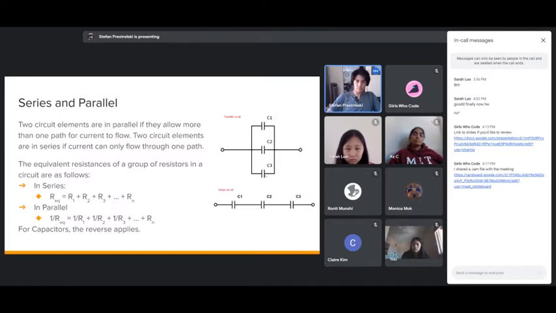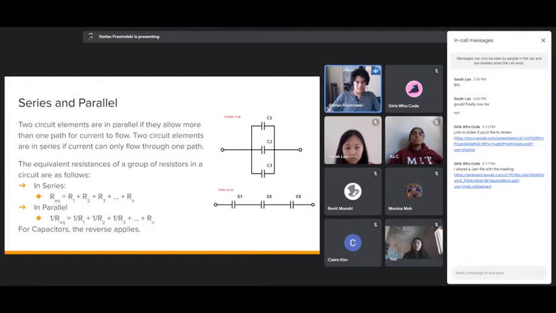Then series: circuit elements are in series if the current can only flow in one path, like this demo series circuit, which is simply three capacitors lined up one after the other.